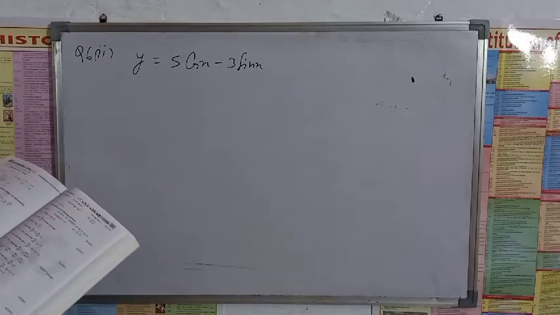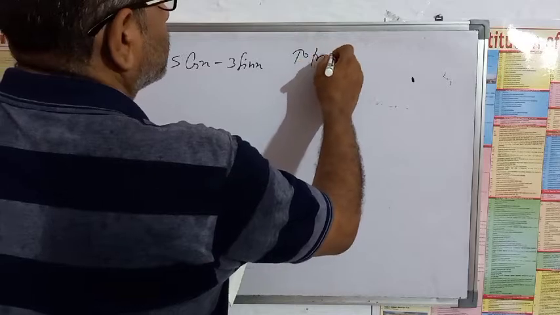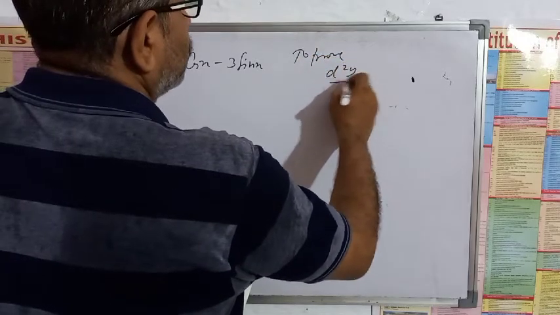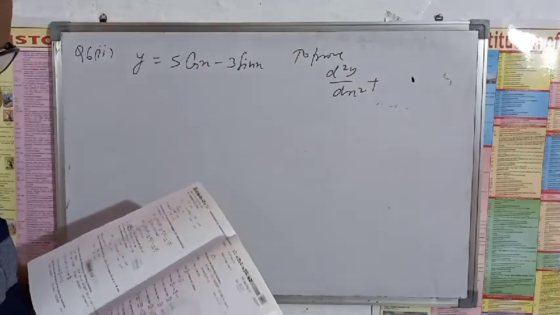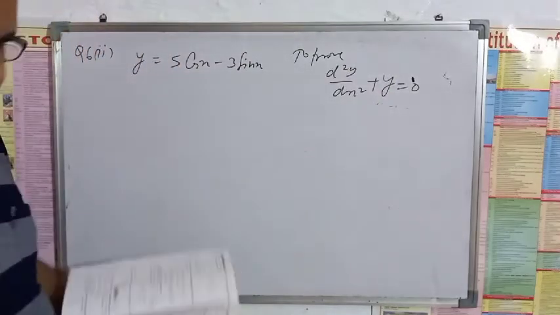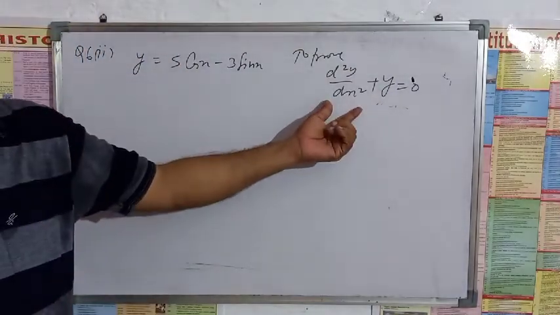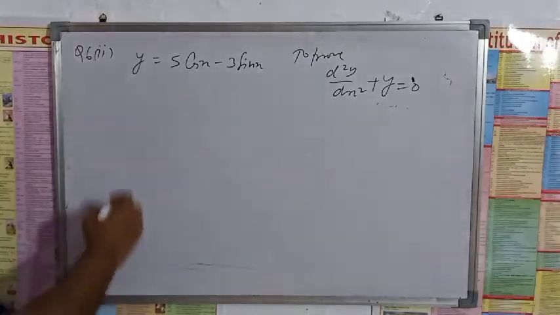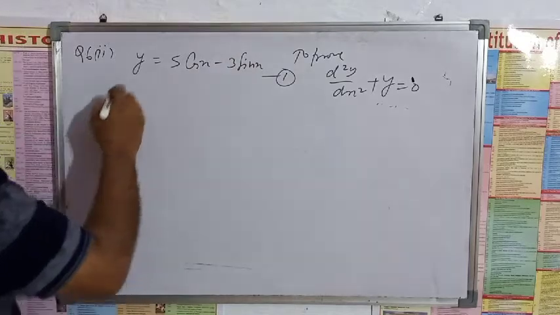We have to prove that d2y by dx square plus y is equal to 0. So firstly, we have to find d2y by dx square. Suppose it is number 1.